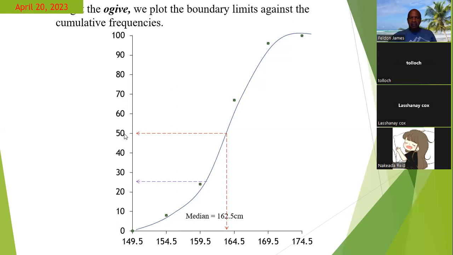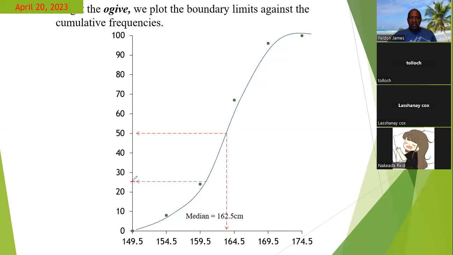That would be the 50 mark of the frequency. To find the quartile now, we cut the frequencies into quarters. The first one, we cut it halfway to get 50. Now we're going to cut from 0 to 50 halfway again. So halfway from 0 to 50 will be 25. So here we have 25.